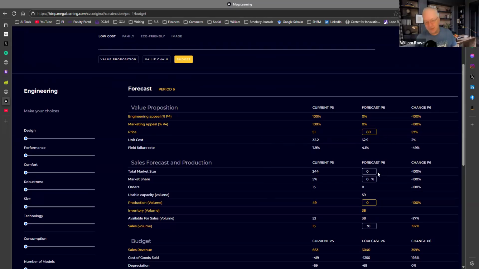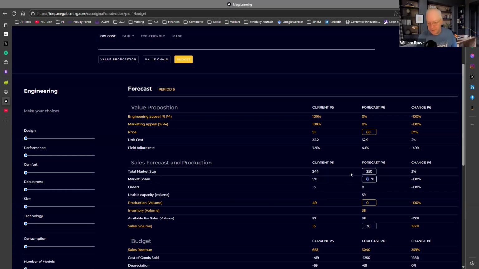That's way too high. But again, I don't want this team competing against the other teams that are actual teams. We have the market size. So we have 244 was the total market size. We have to forecast, is this market growing or shrinking? Then once we figure it out, we put that number in there. Let's say it's going to be 250.